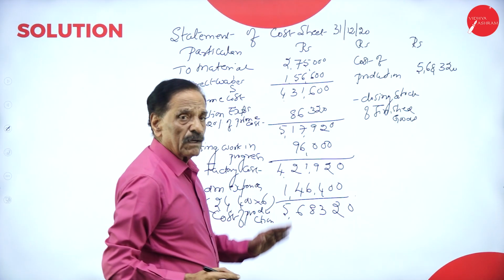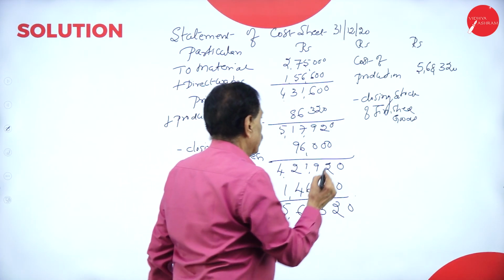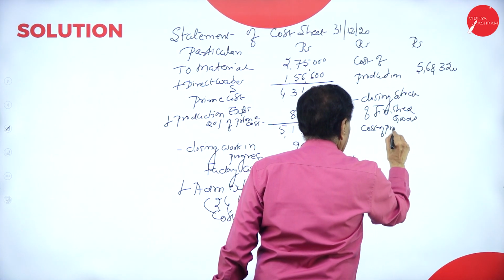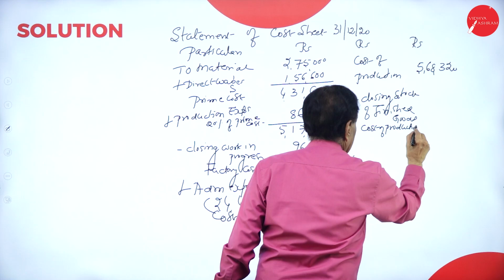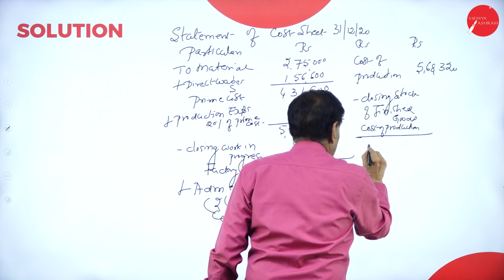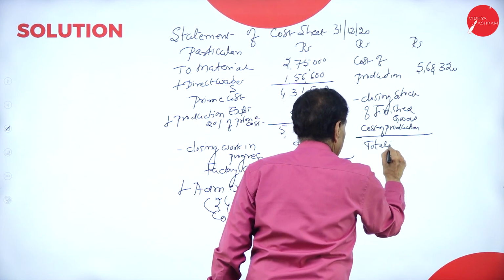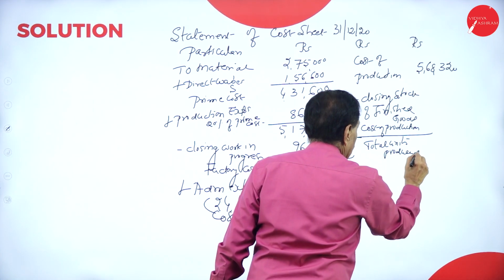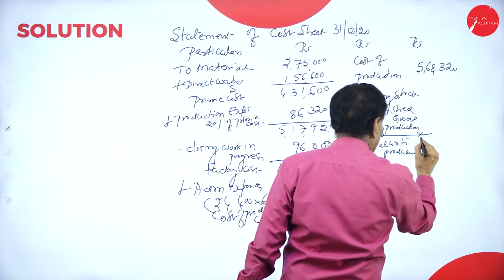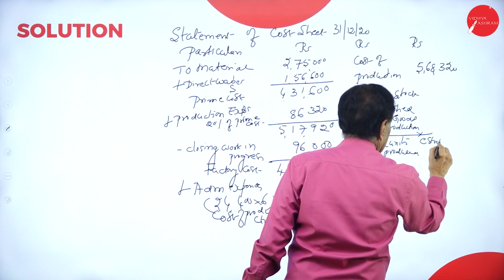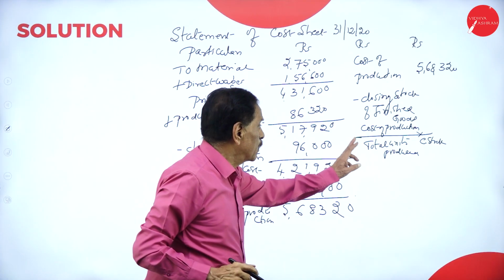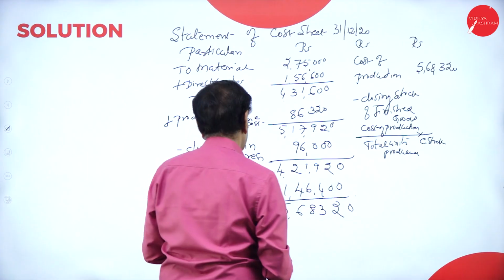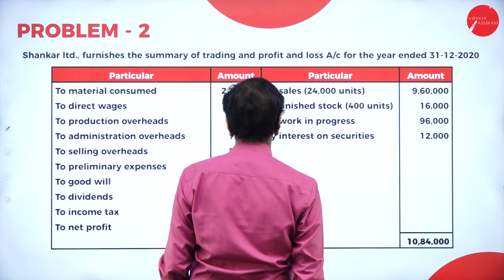What's your formula? Cost of production divided by total units produced, multiplied by closing stock. We can say here, come back to the working note.